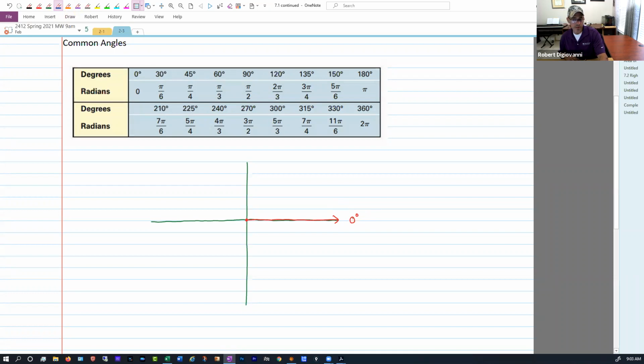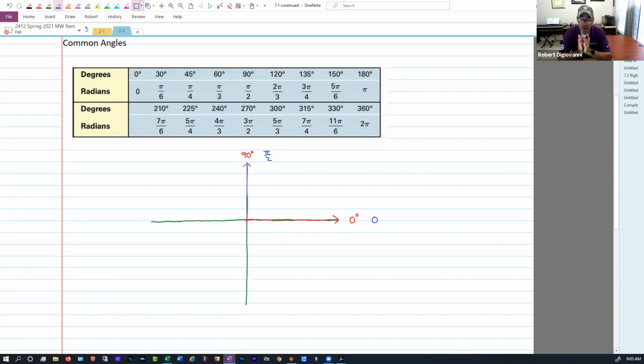I'm going to do the degrees in red and the radians in blue. Now let's knock out the easy ones first. The angle that goes straight up is 90 degrees, and in radians, that would be pi over 2.